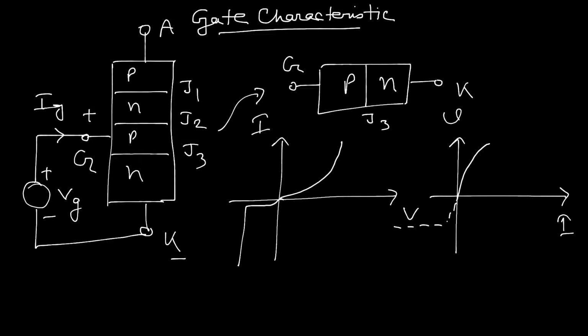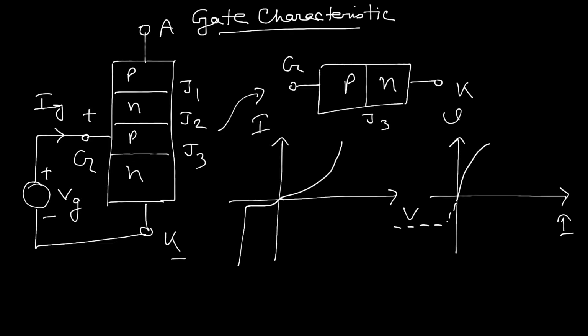Actually, for different types of SCR, the doping concentration or the doping density can differ. That is why this completely depends on the manufacturer, and due to which we should consider a maximum allowable resistance across the 3 junctions and 4 layers and a minimum allowable resistance.